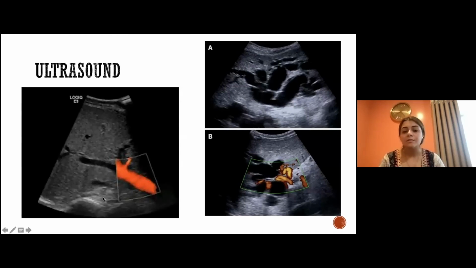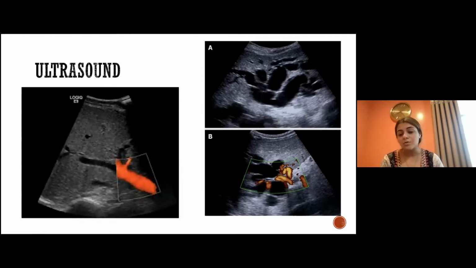Another imaging modality that we use is ultrasound to visualize gallbladder stones. So as you can see, I have normal and abnormal images of the ultrasound. In this, you'll see the dilated bile duct, usually caused by the obstruction of the biliary tree.